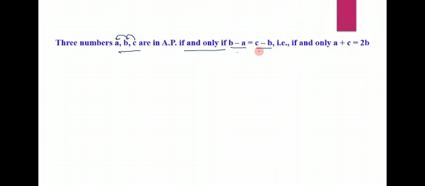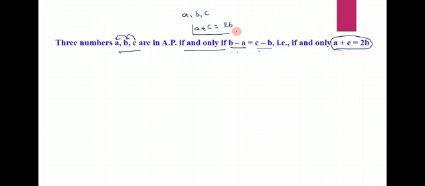From this we can write that A plus C is equal to 2B. Then only we can say that A, B, C are in AP. When three terms are in AP, A plus C is equal to 2B.